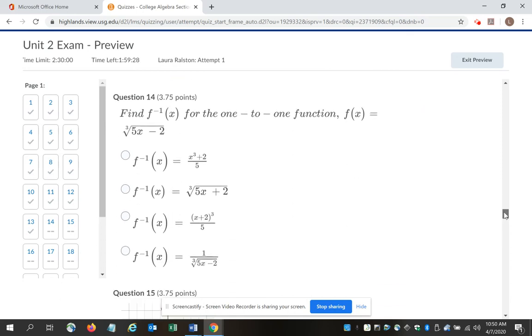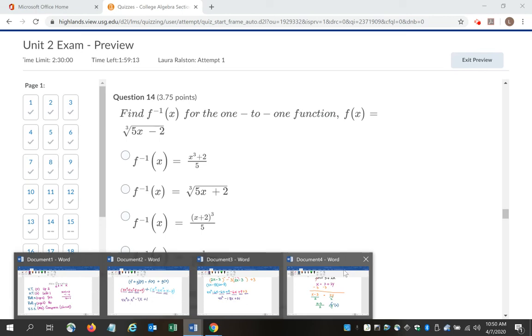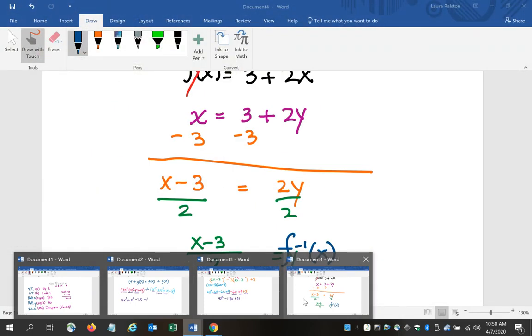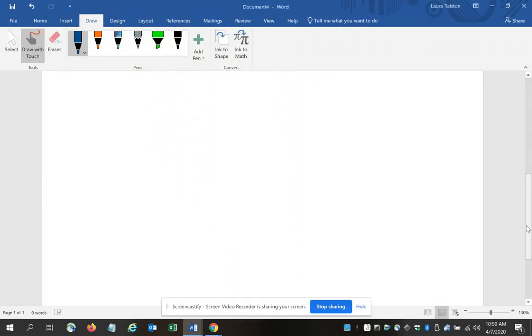Question 14 also asks you to find the inverse of a one-to-one function, and it gives you the function as the cube root of 5x minus 2. So again, I'm going to my paper. Our original function is f of x equals the cube root of 5x minus 2.